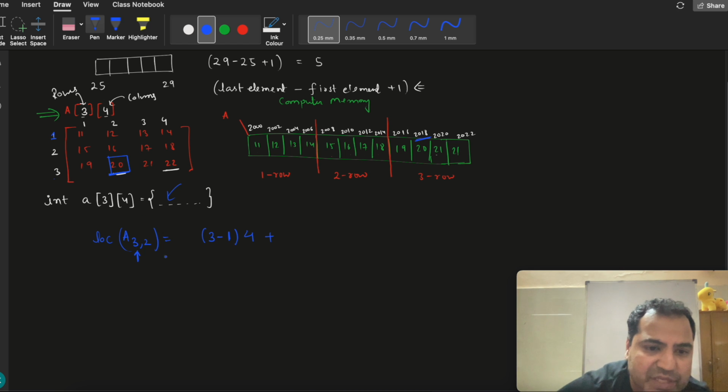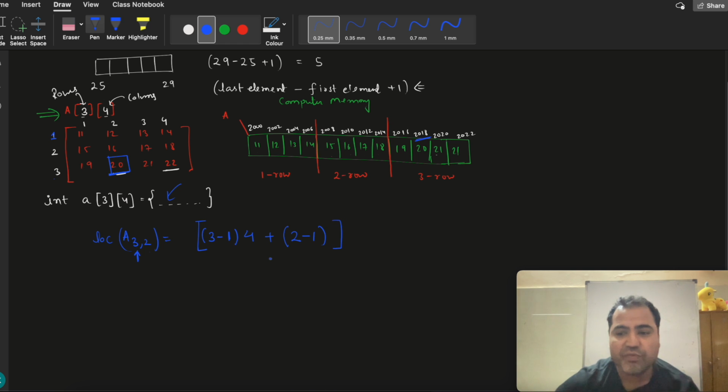How many columns are there? I have to reach till the second column. Till the second column means I have to skip only one column. So this is 2 minus 1, and this is the exact column address, so I don't need to multiply any row because that thing I have done here also. So this will give you an idea of the number of elements which I have to skip.